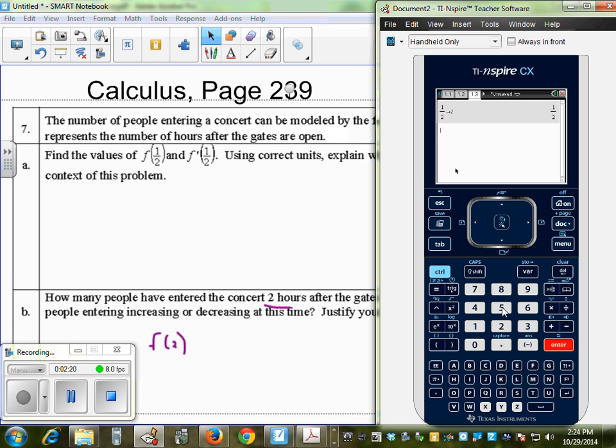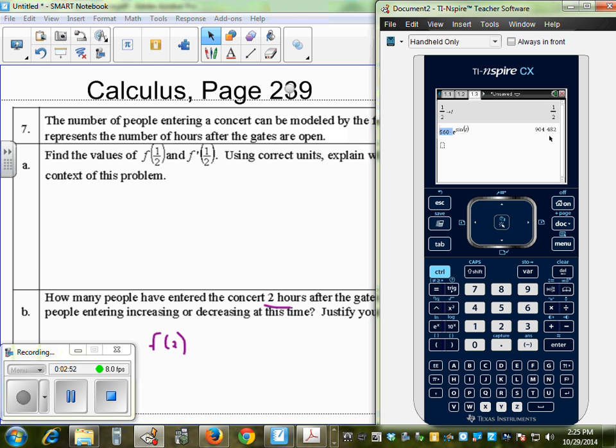Now I'm going to type their formula, 560 e to the sine t, and hit enter. And what it does is it automatically plugs in 1/2 for me here and gets me the answer.